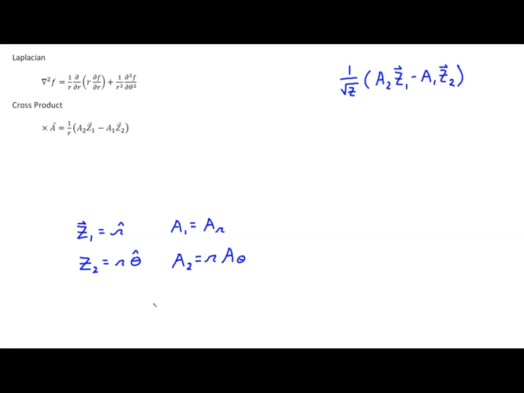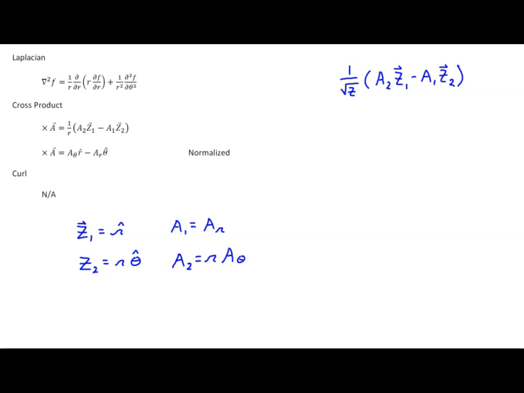We simply substitute these back into this expression, and here's our result for the normalized cross product in plane polar coordinates. And finally, we again make note of the fact that the curl is undefined in any 2-dimensional system.